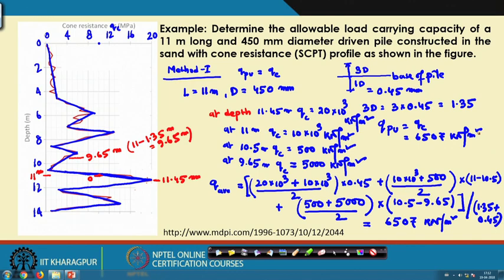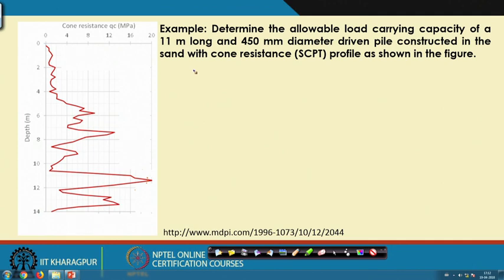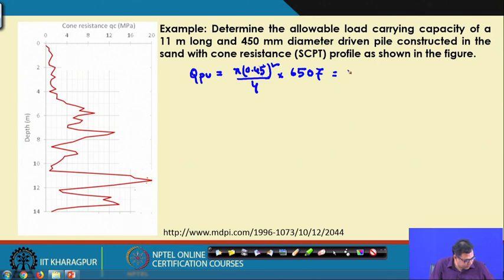Then if I multiply it with the area, QPU is equal to AB into QPU, which is pi d square by 4 into 6507, equal to 1034.4 kilonewton.